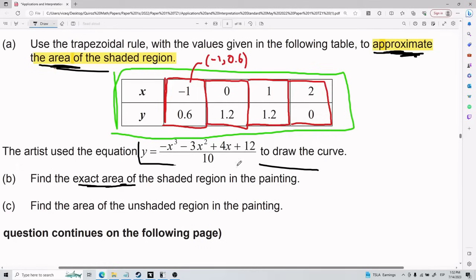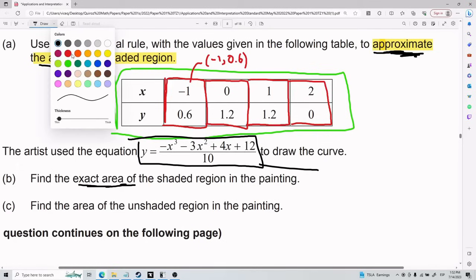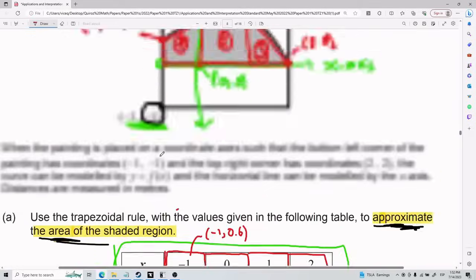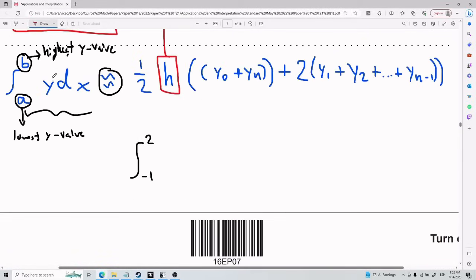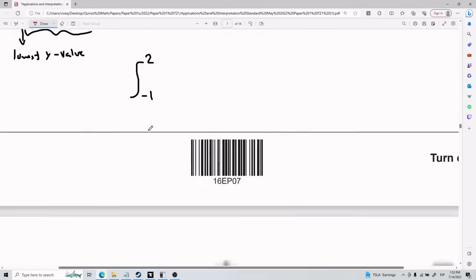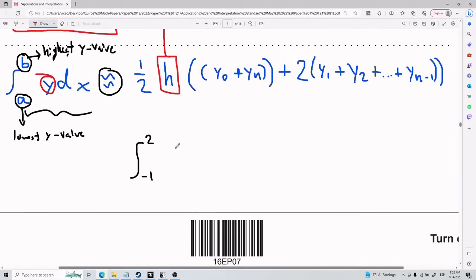And so if y, which I'm putting in red now, is this whole thing, then I'm going to plug in that y over here. So y is -x cubed minus 3x squared plus 4x plus 12, divided by 10, and the dx is going to go right next to it.